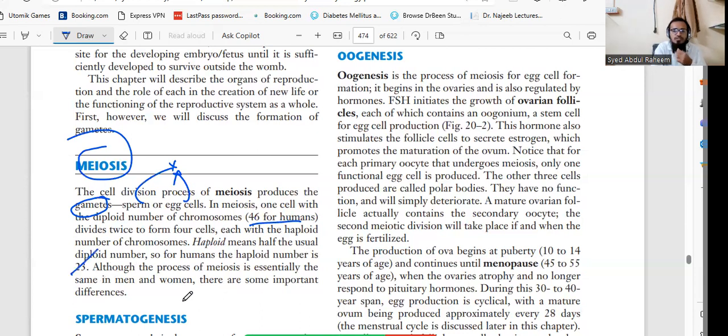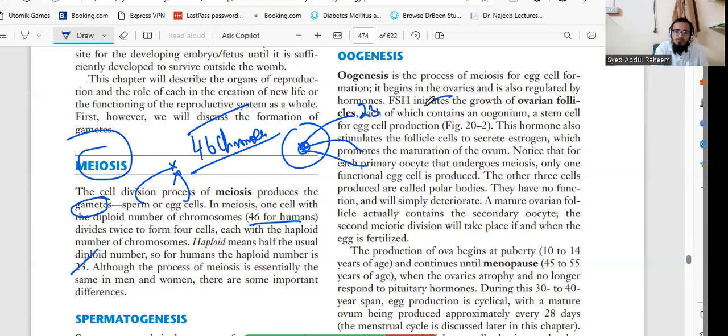Although the process of meiosis is essentially the same in men and women, there's an important difference. Basically, we have 46 chromosomes in our cell, in the nucleus. From men 23, and from women 23 chromosomes will come and bind together.